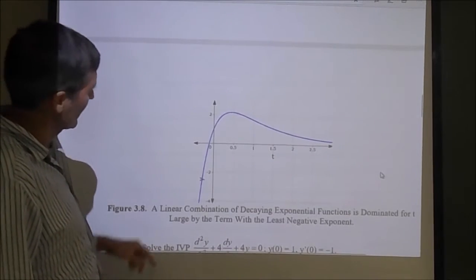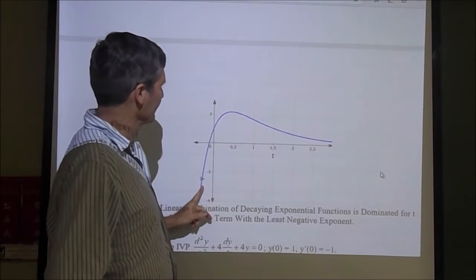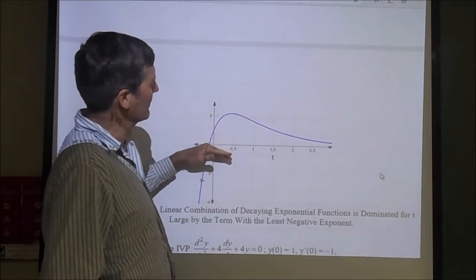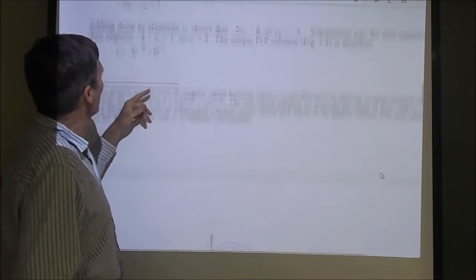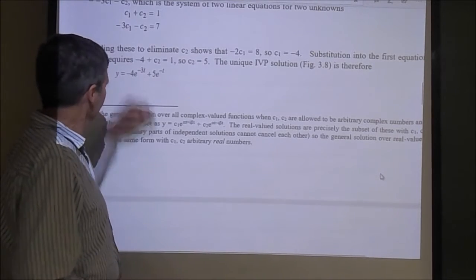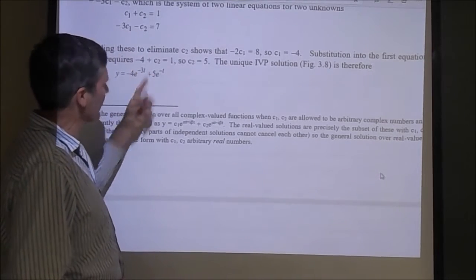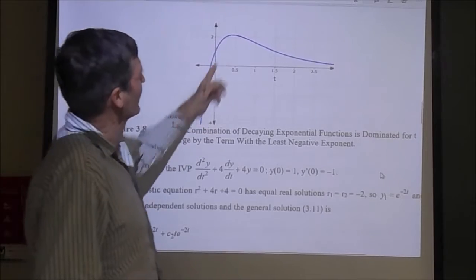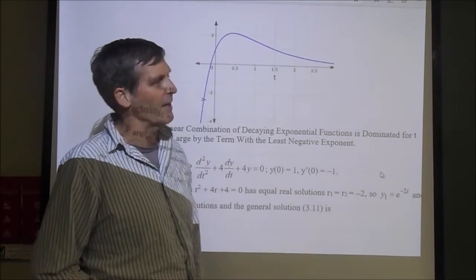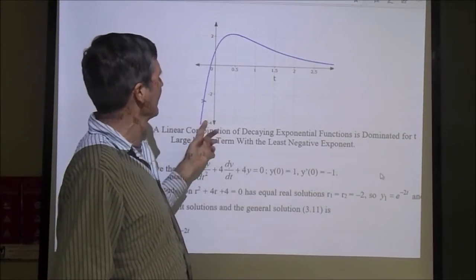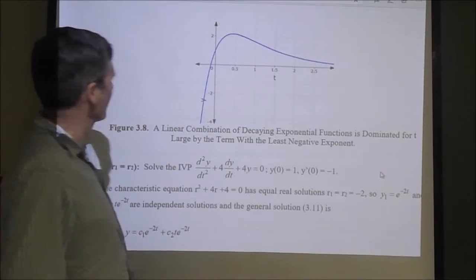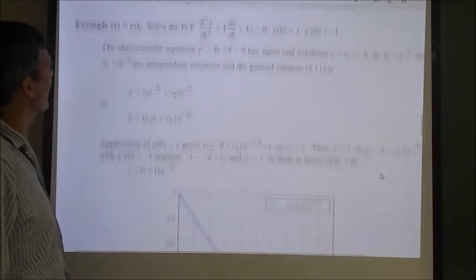So here's what it looks like. And for t getting negative, both of those blow up, getting arbitrarily big in absolute value. So the function, if you sketch it, looks like this. This is where a graphing calculator is nice. You can just have it draw the thing and see what it looks like. But there's our unique solution to the initial value problem.